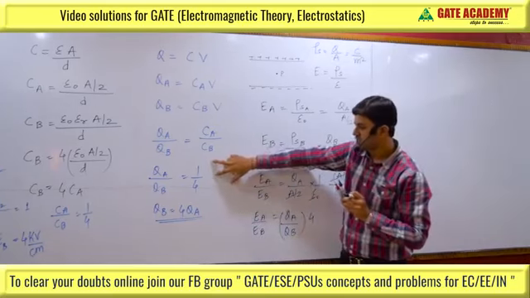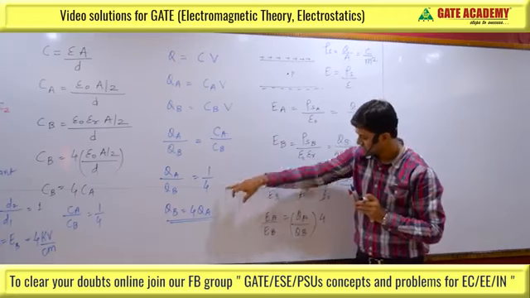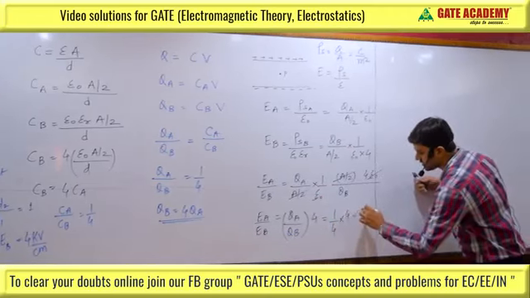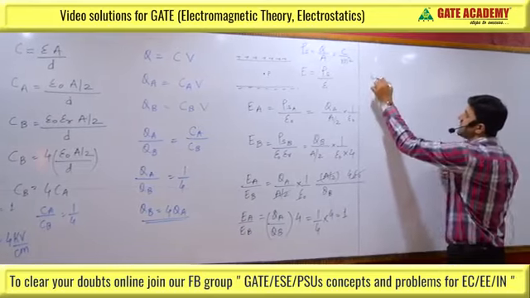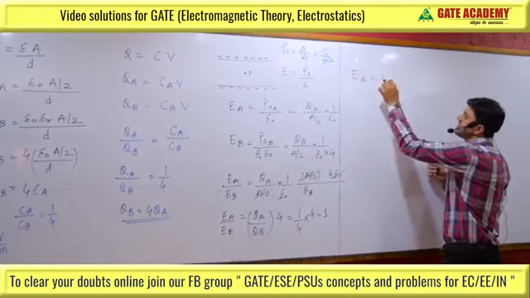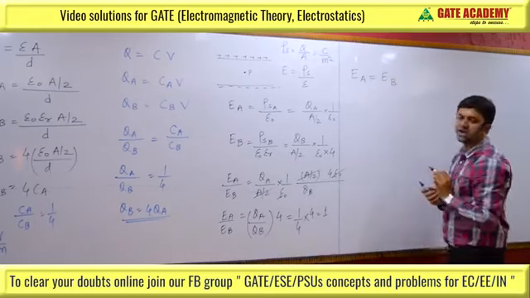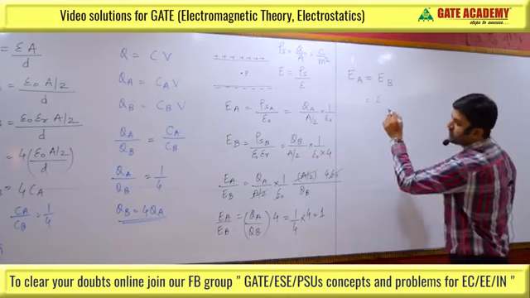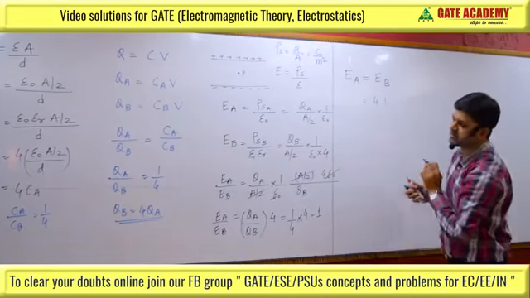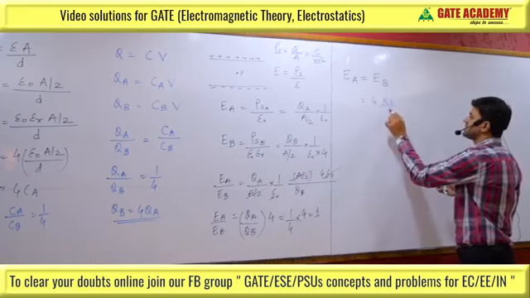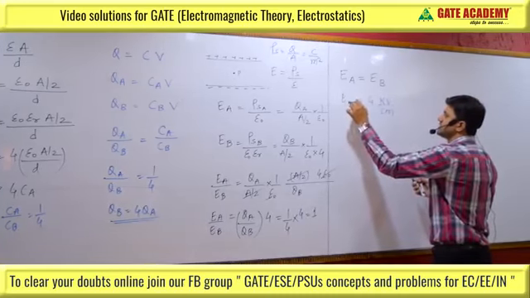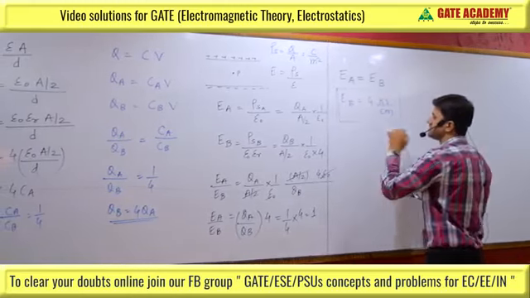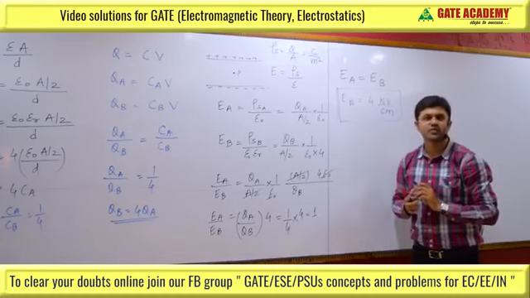And QA upon QB we have calculated, this is 1 by 4. So 1 by 4 into 4, this is equal to 1. So it means that the electric field in region A is equal to the electric field in region B, which is equal to 4 kilovolt per centimeter of region B. Hence the correct answer is 4 kilovolt per centimeter.